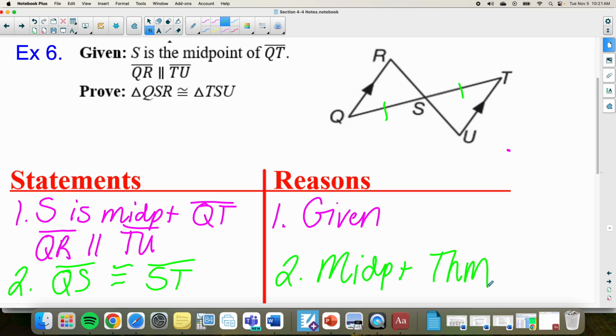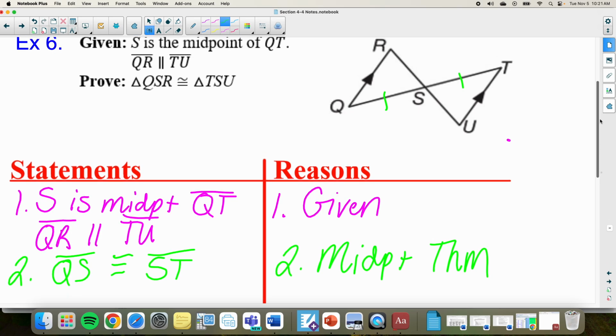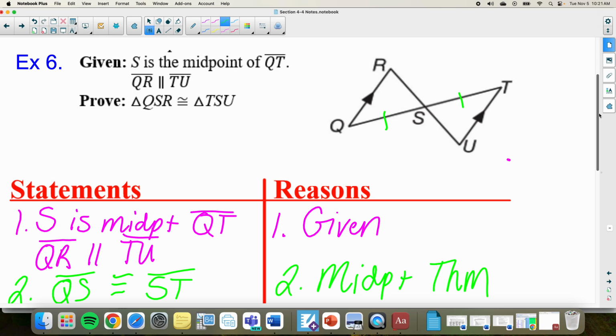All right, now here's where you can go different ways with this proof, okay? Just depending on what two angles you show are congruent is going to change whether it's angle, angle, side, or angle, side, angle. So somebody just tell me, what's one thing you see that we could mark? Alternate interior angles. Okay, and do you guys get that with the alternate interior angles, you have two sets?